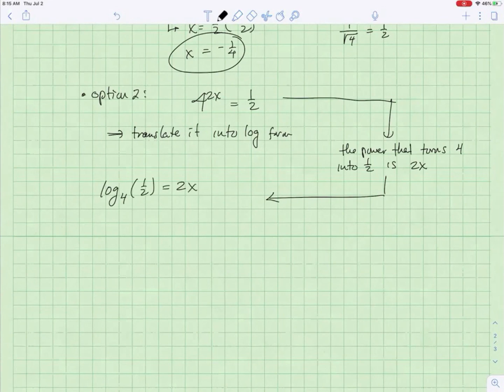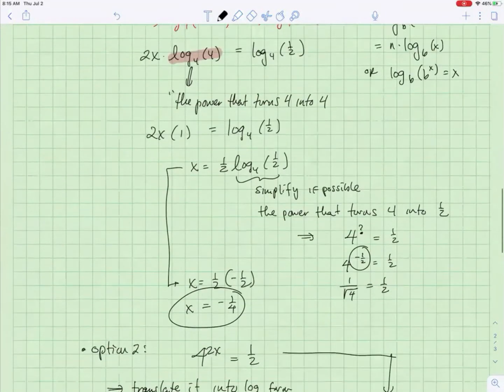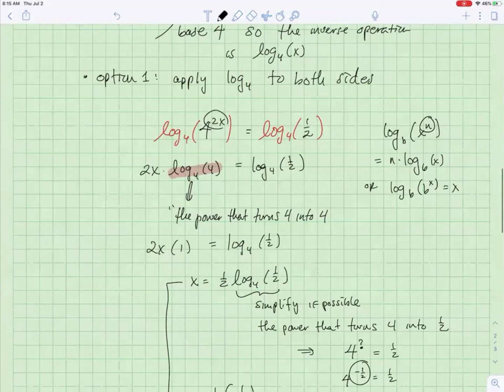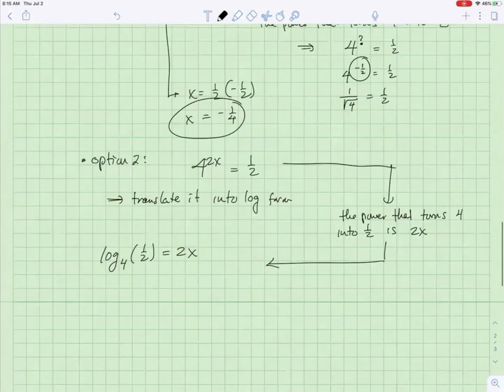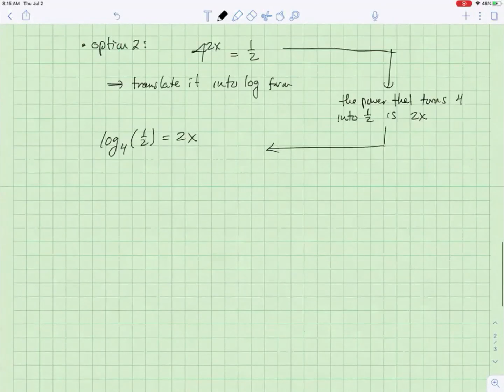And so we sidestep quite a few steps from option 1. And then we can solve for x. x is 1/2 log base 4 of 1/2, which is equal to -1/4, again, for the same reasons. So there you have it.